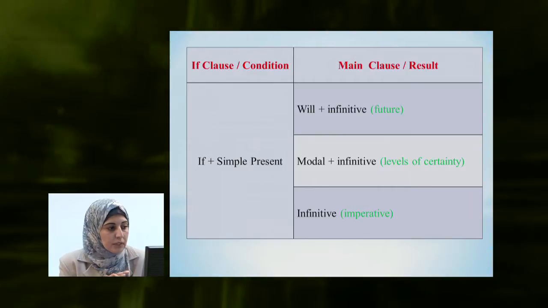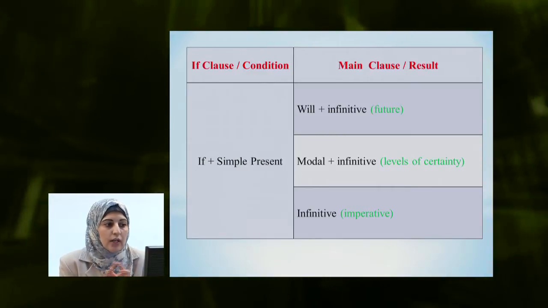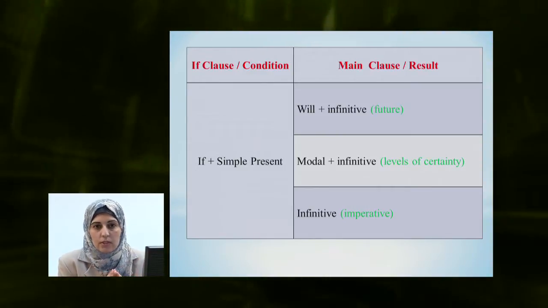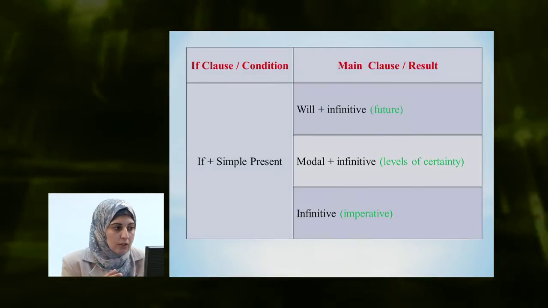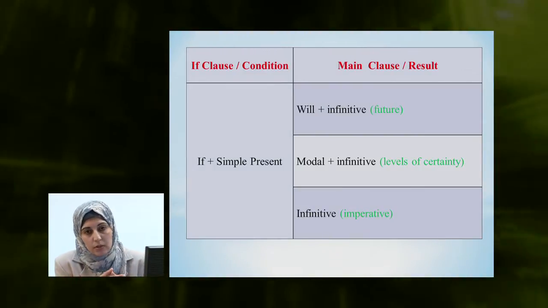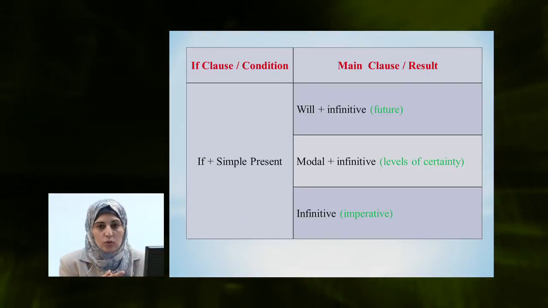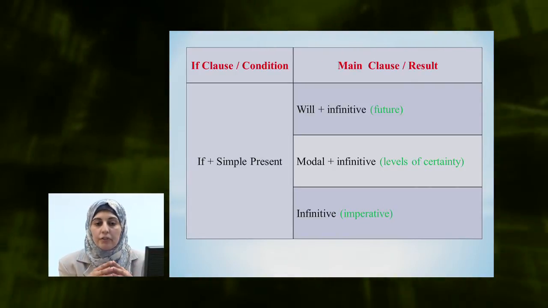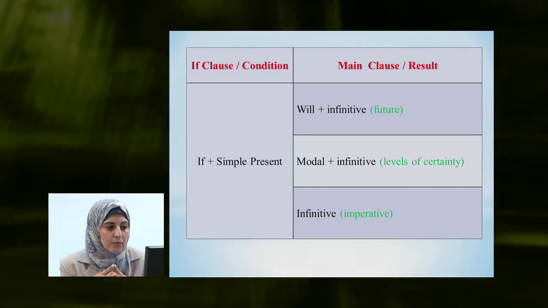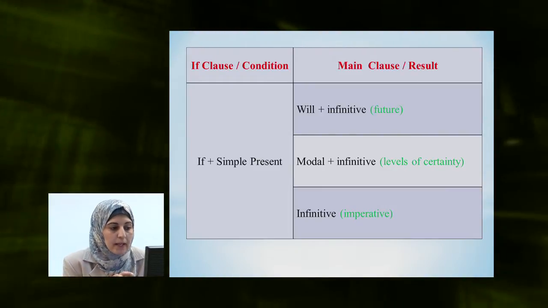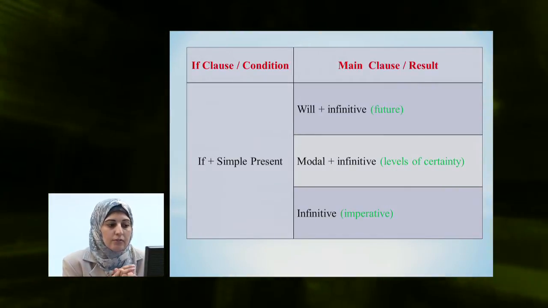Normally, in conditional type 1, you have three different types in the main clause. So in the if clause, you have if and the simple present, but in the main clause, or the result, there are three different structures. The first one can be will and the infinitive.